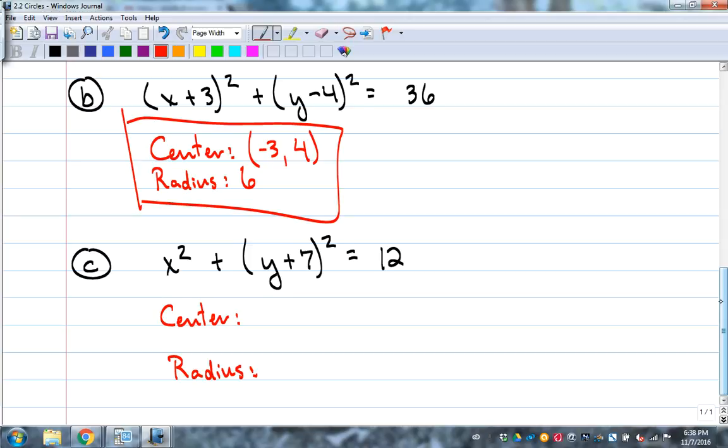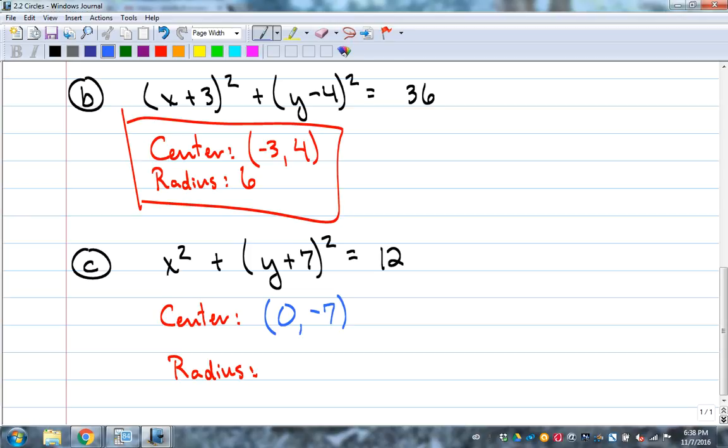What's the center of this one? If there's nothing there, it's got to be 0 and then a negative 7. If it's not there, it's a 0. So nothing in there with the x, so it's a 0. And then the y, opposite of plus 7 is a negative 7.